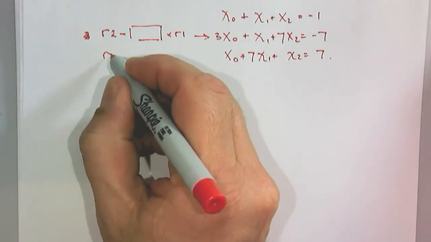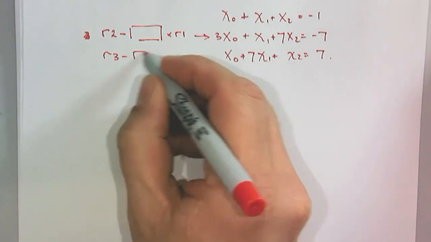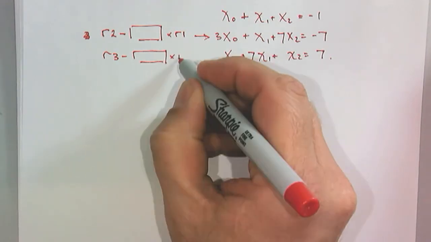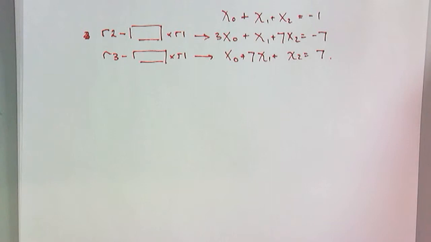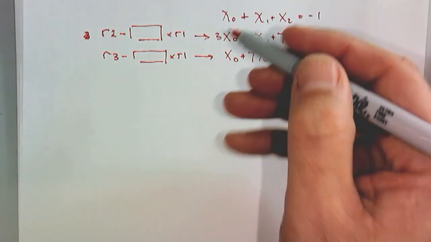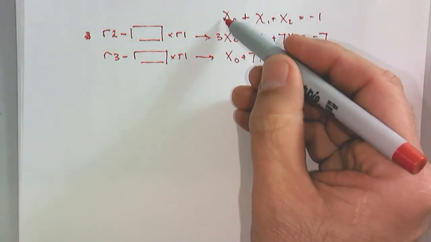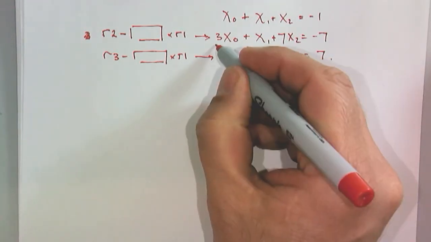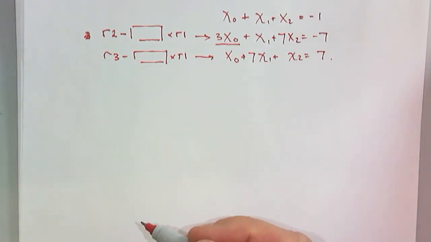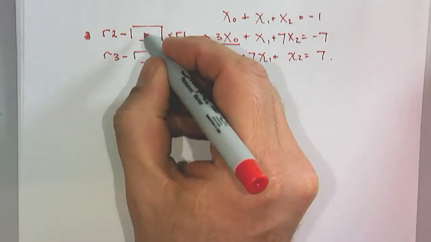And take row 3 and subtract off something times row 1 to update that equation. Now what should that something be? Well, if we take 3 times the first row and we subtract it off of the second row, then we eliminate this term right here. So what we want to do is put a 3 here.